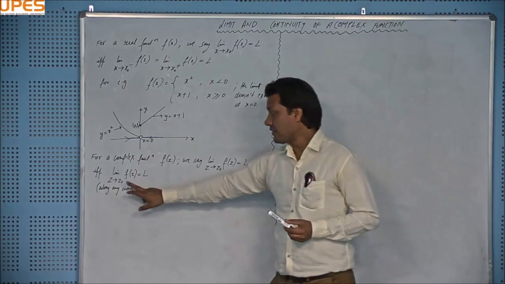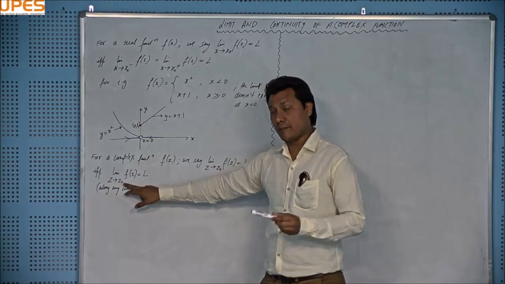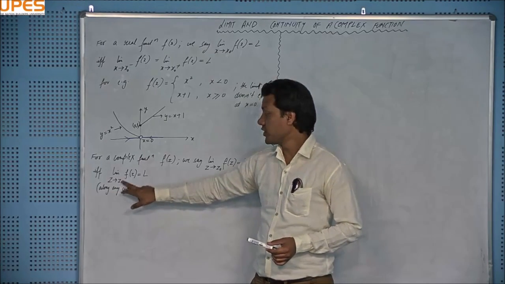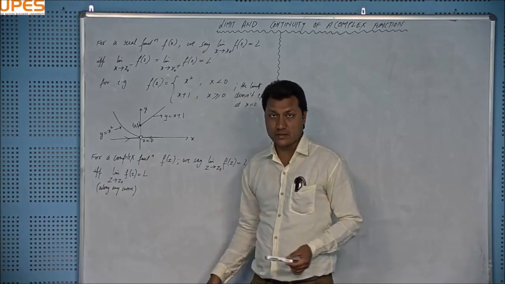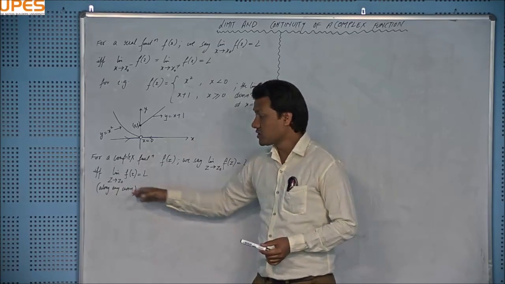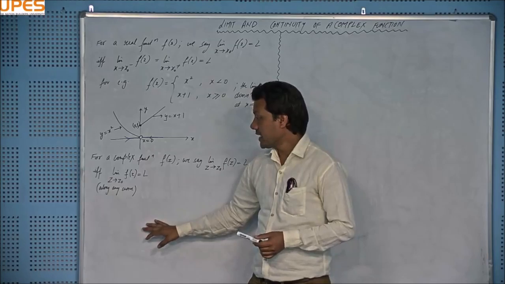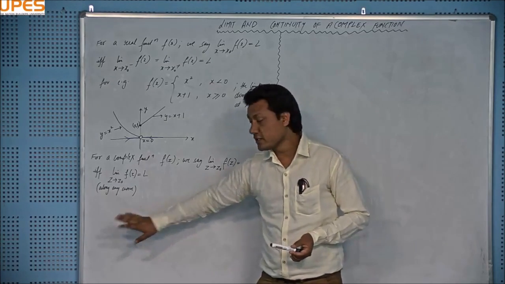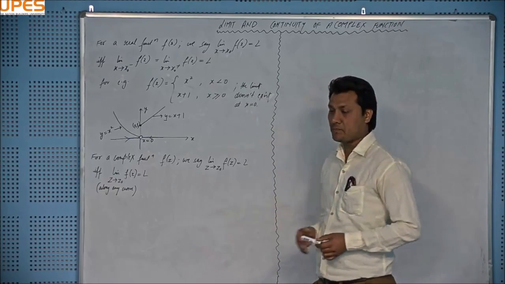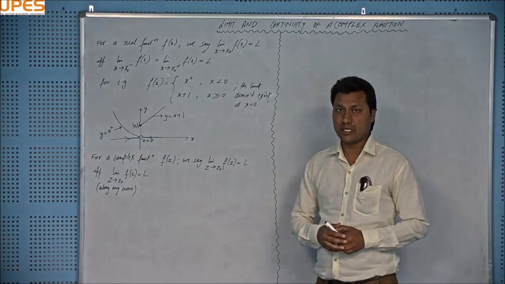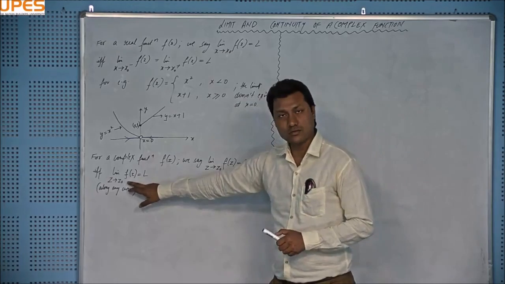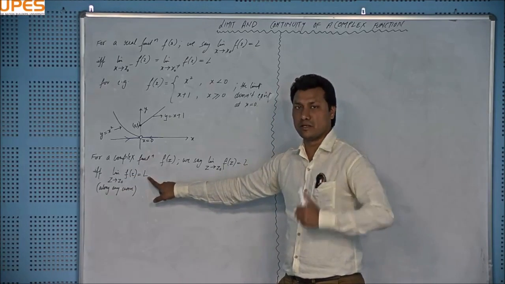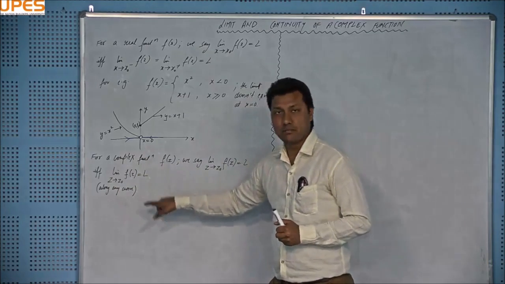But this time you have to approach this point z naught on the z plane along any curve. There are infinite number of curves through the point z naught. I will try to draw some of those curves. Since I need two copies of the complex plane, one is the domain plane, the z plane, and the other is the w plane, the image plane, I will draw only the domain plane, because z naught is a point on the z plane and capital L will be a point belonging to the w plane.